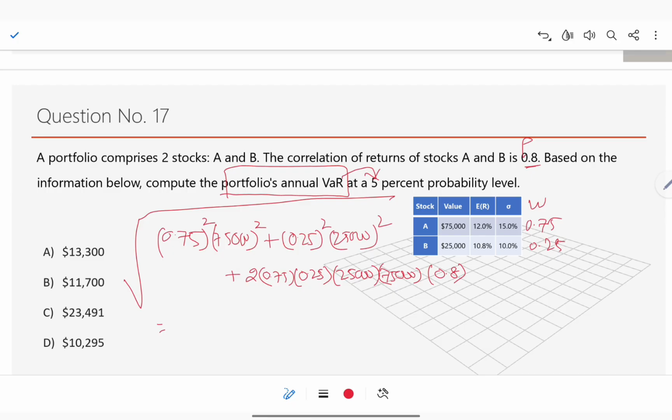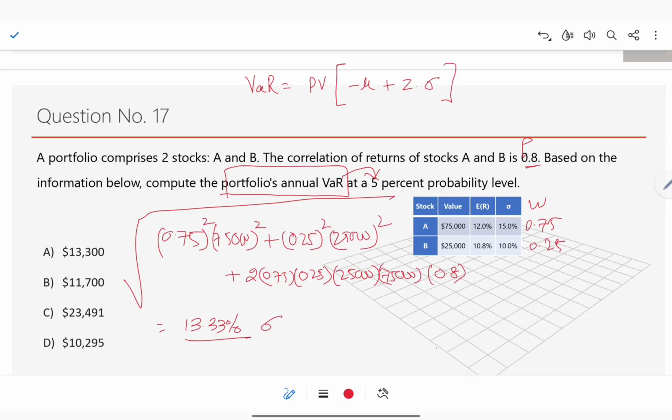See where we are going. We know that VAR is equal to the portfolio value into the expected value plus the Z value, sigma. Right now, by calculating this, we are calculating the sigma. Once you solve this, you will get 13.33, so this 13.33 is your sigma value.